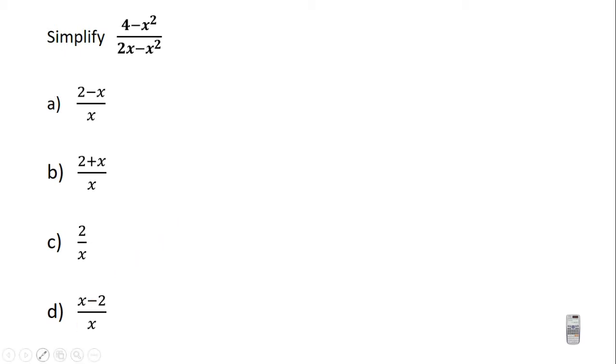Now, this is what you are going to do. To begin the whole thing, you have to assume values for the variables in the question. So here, the variable in this question is x. So you have to assume a value for x. In assuming the value, don't pick negative numbers. Don't pick 1. And don't pick 0.